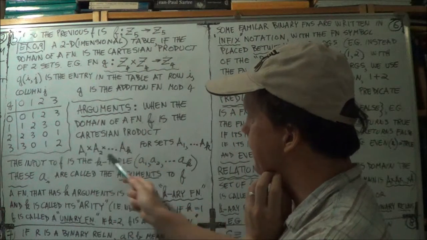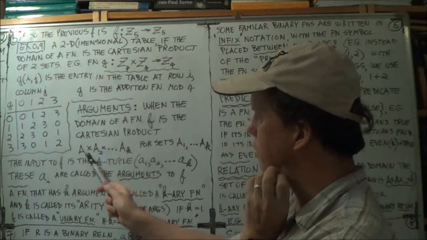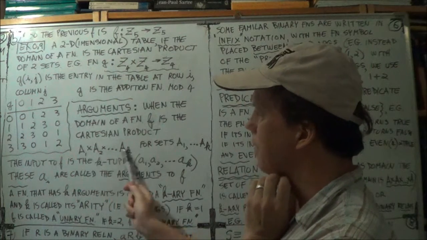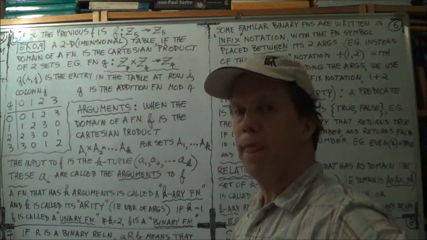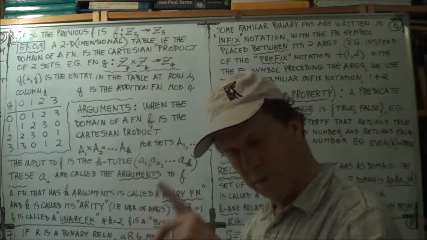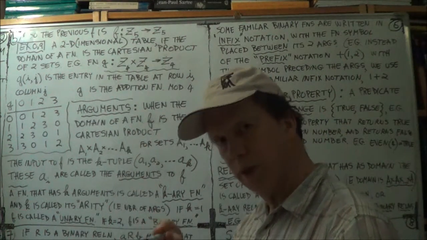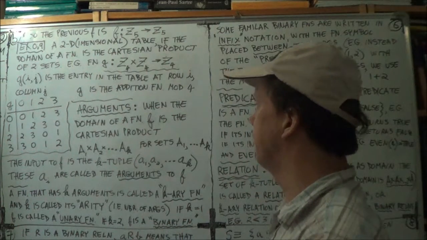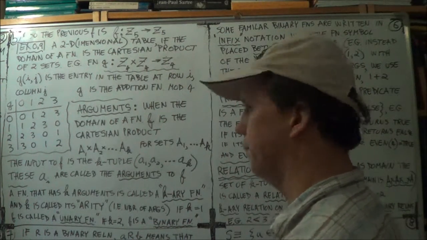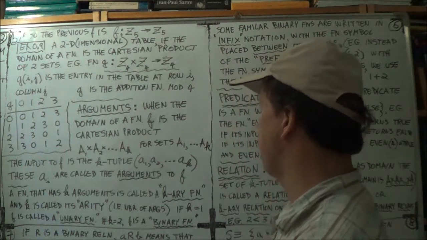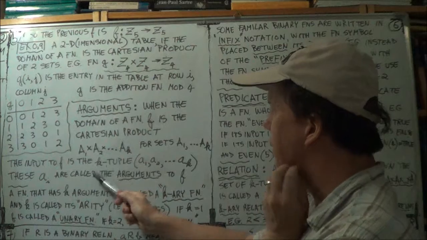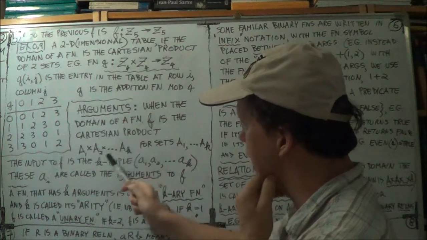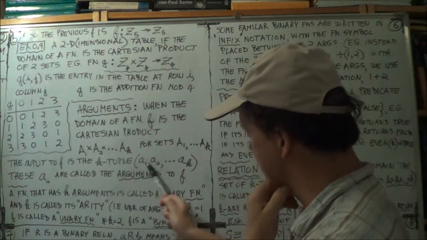The elements of this set, a Cartesian product with k sets involved, are, oh, tuple, that was the word I was looking for. So the elements of this set are k-tuples of this form.